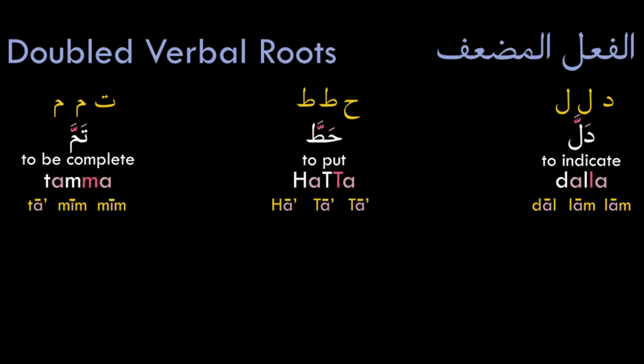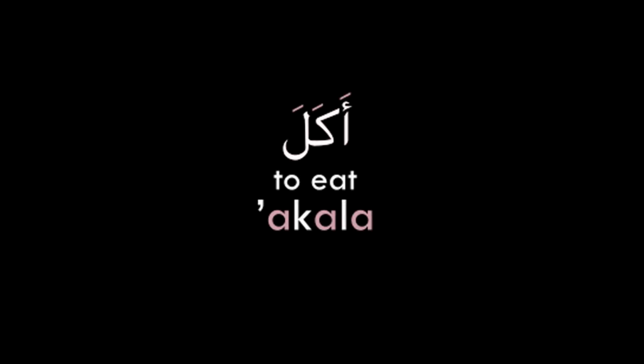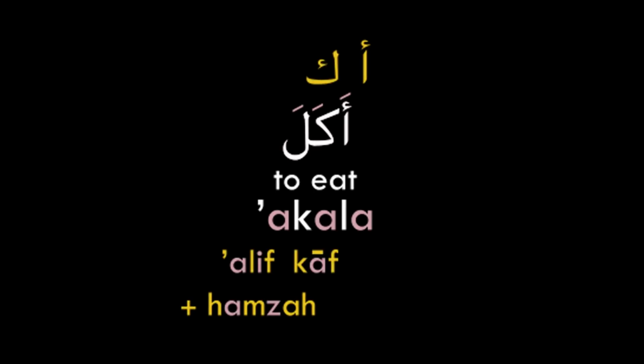The third type is where any one of the root letters is a hamza, and it may occur as the first, second, or third, like akala. The root letters are alif with a hamza, kaf, and lam. Here we have the hamza as the first letter, or sa'ala.